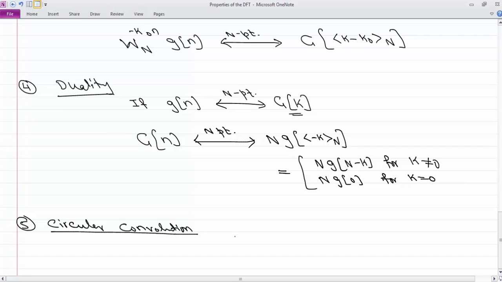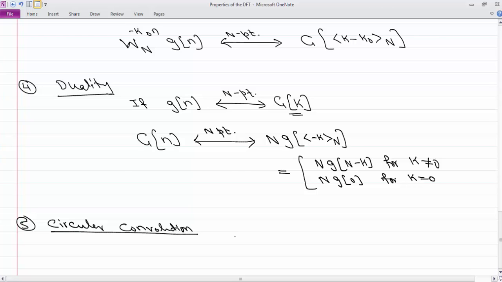If you want to convolve two signals using the convolution sum, it can take a very long time for long signals. But you can use DFT to compute linear convolution in a very fast fashion because DFT has a very fast implementation using the FFT algorithms.